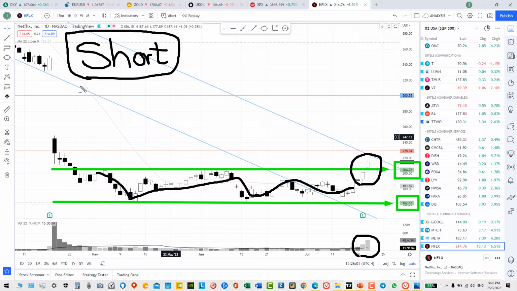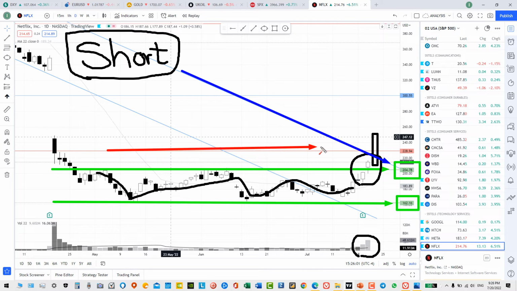So what is required from Netflix to gain positivity over larger time frames is something like this. We need a decisive break of the long-term downtrend line, and we need a decisive break above the horizontal monthly resistance.